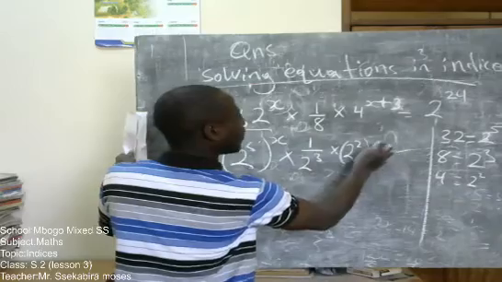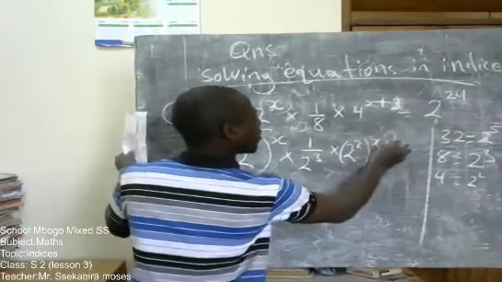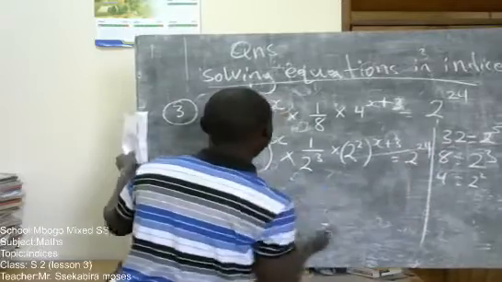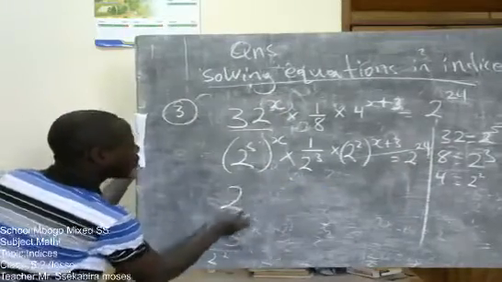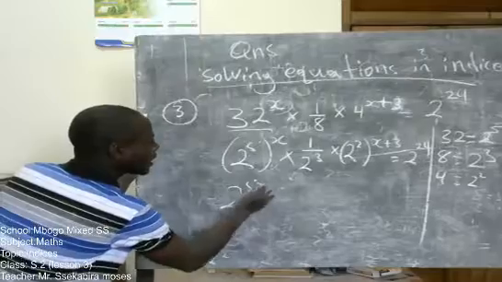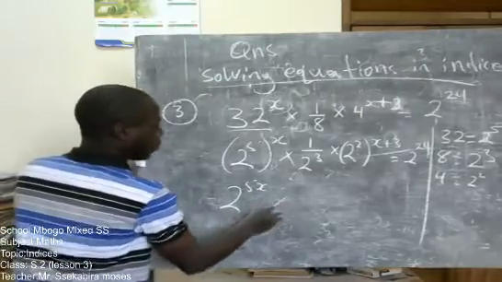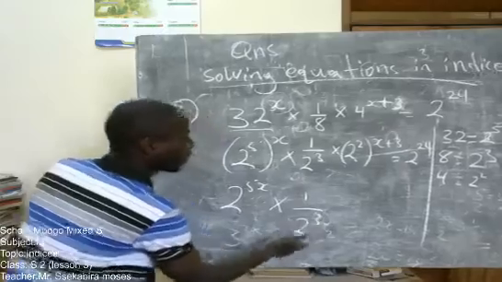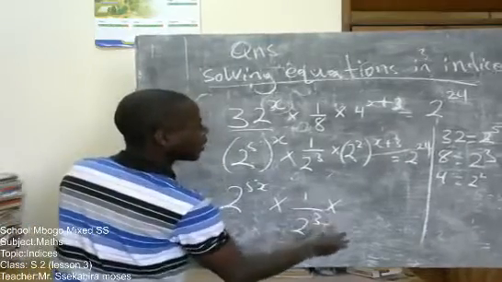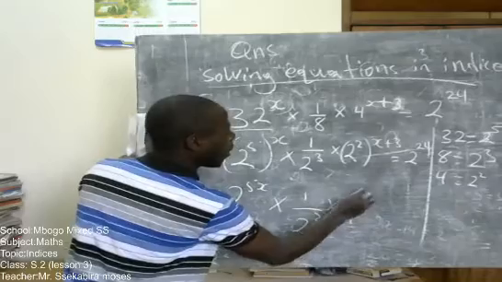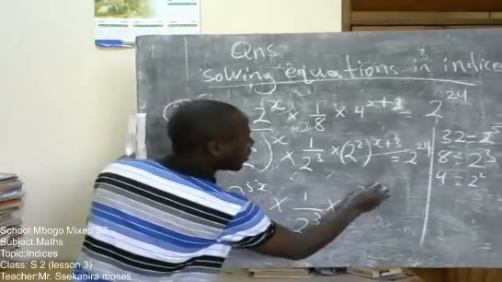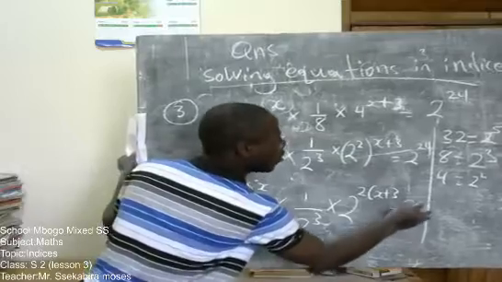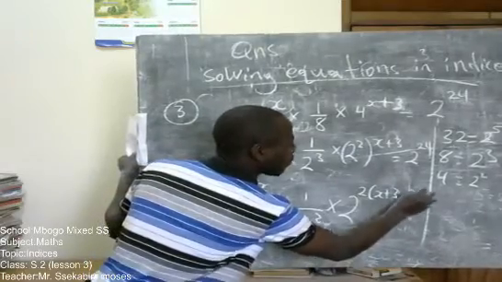So we get 2 to the power 5, all to the power x, times 1 over 2 to the power 3, times 2 to the power 2 into x plus 3, is equal to 2 to the power 24.